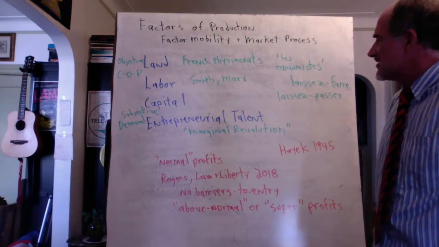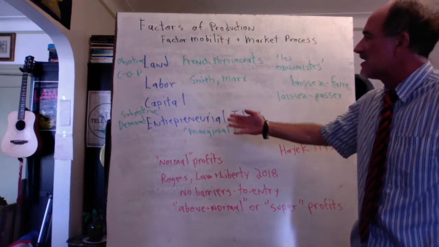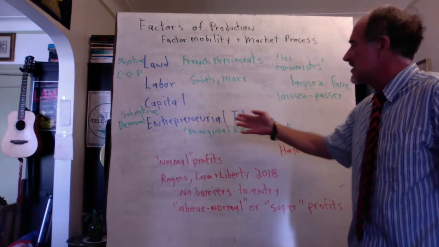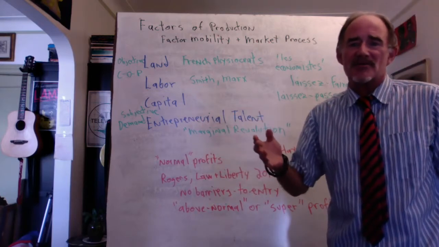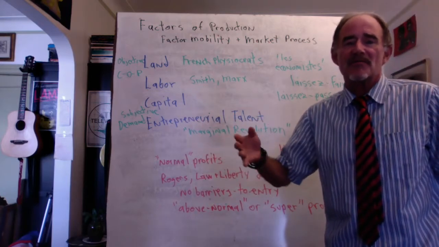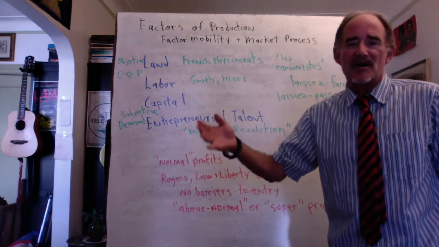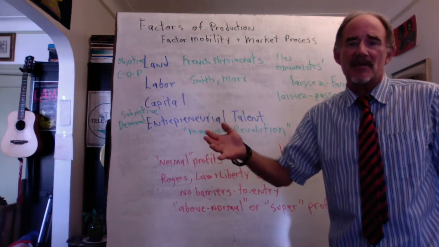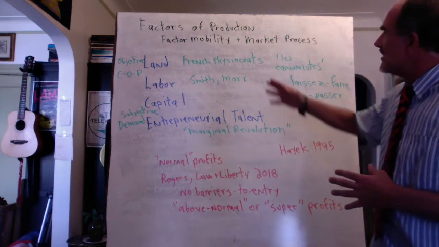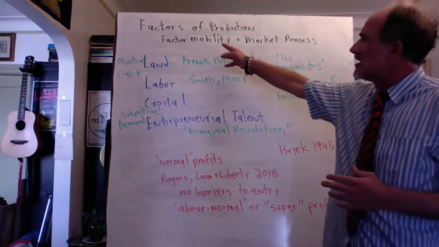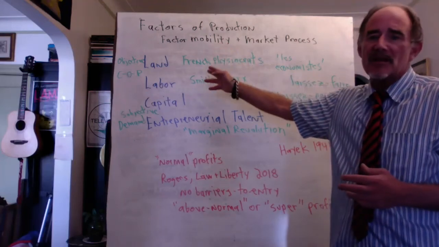Okay, so then you have entrepreneurial talent, marginal revolution. Entrepreneurial talent can explain creative destruction, as entrepreneurs are trying to create new markets, new forms of value through the creative process to develop a demand and create value. So for the market process to work, you need factor mobility.